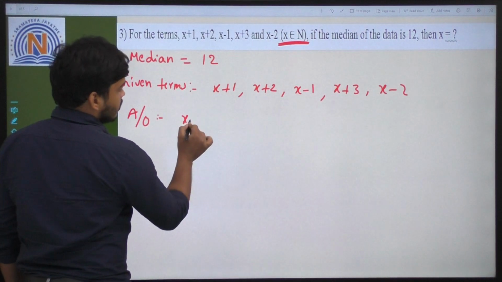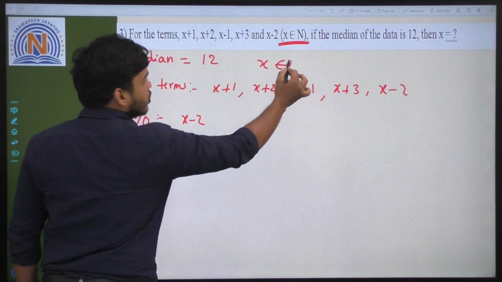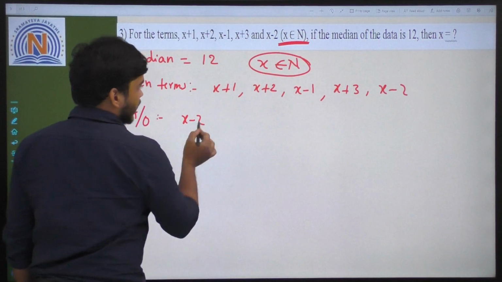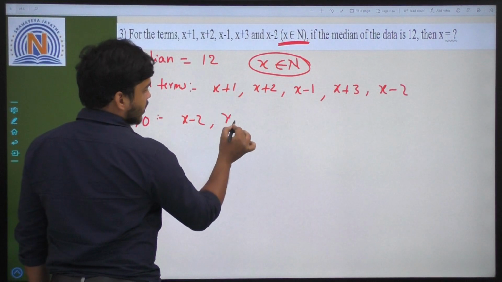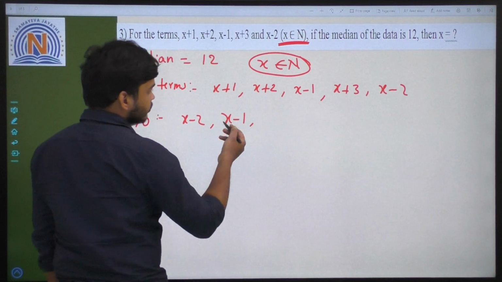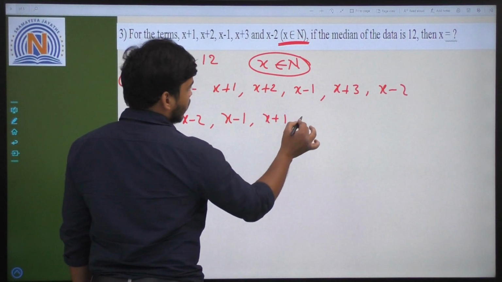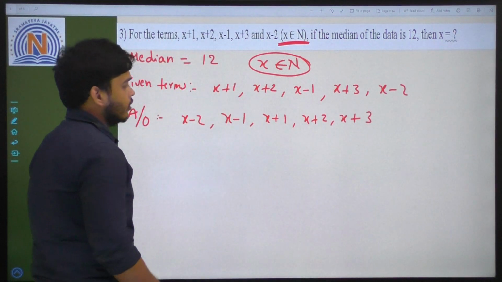The first is x minus 2, the least term in the given data, and the next term is x minus 1, and the next is x plus 1, x plus 2 and x plus 3. This is the ascending order.